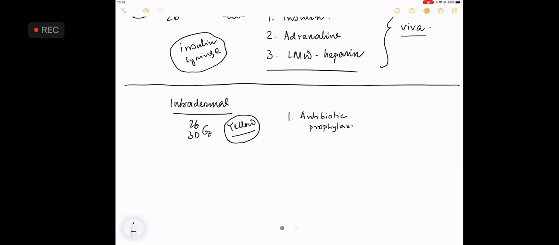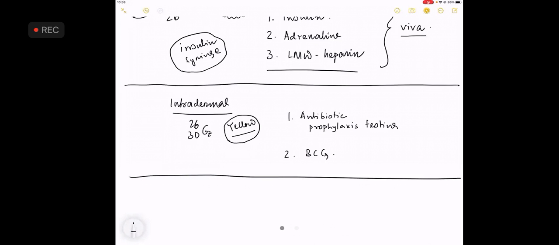Very good. BCG. This completes your description. Injections are complete.